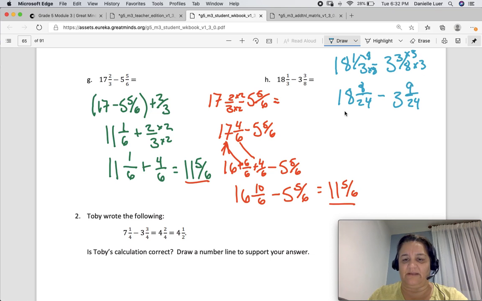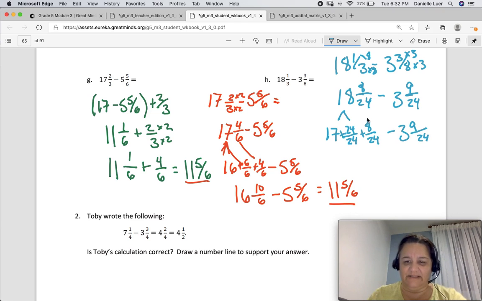So I'm going to decompose that 18 into 17 and 24/24 plus 8/24, minus 3 and 9/24.